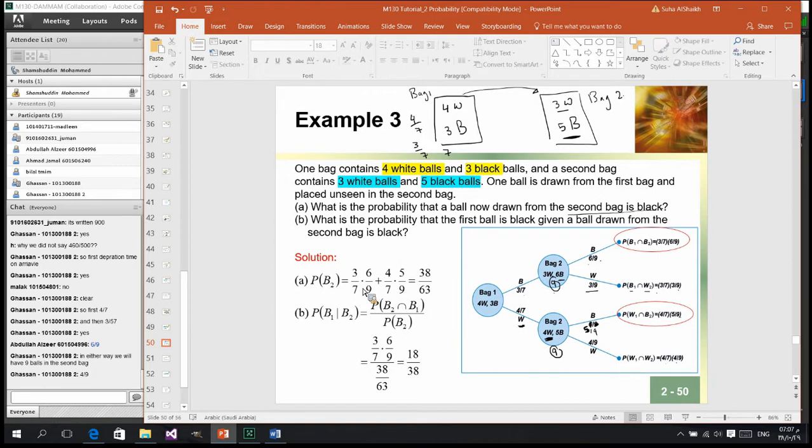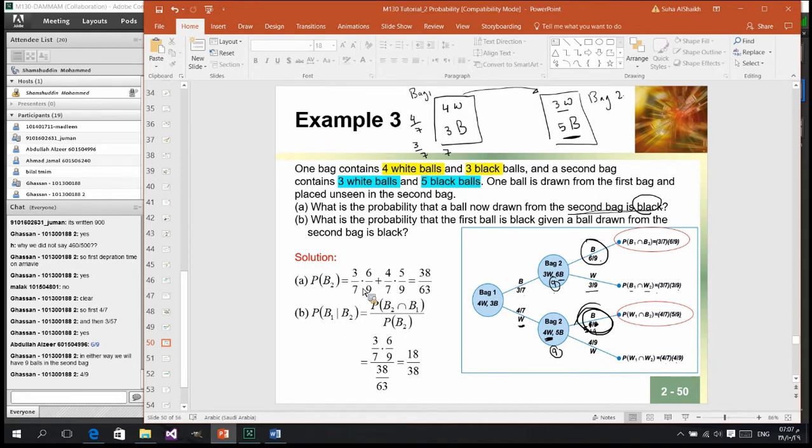The question is what is the probability that the ball you drew from the second bag is black. Do you see when I get the black? Here and here, right? Those are the two options to get the black.